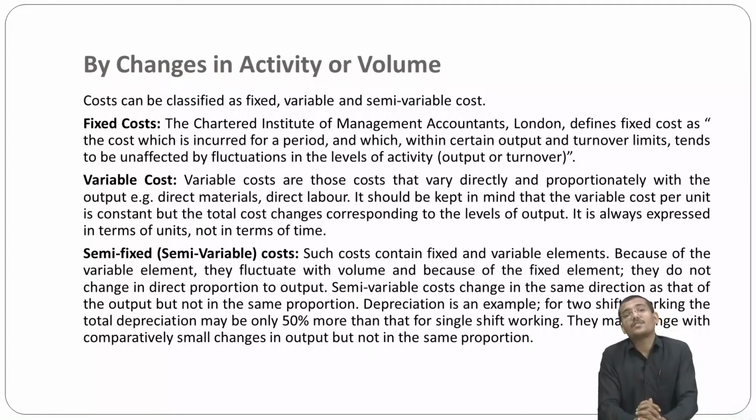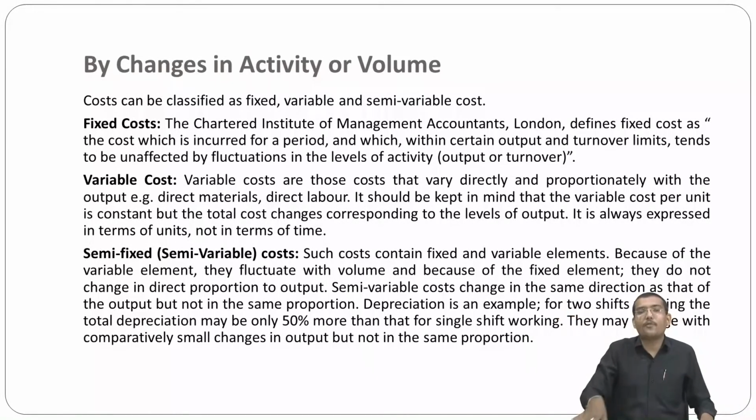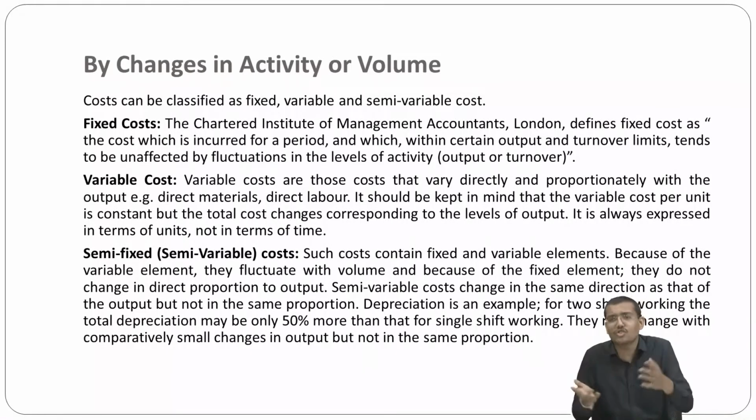Then the variable cost. The variable costs are those costs that vary directly and proportionately with the output. For example, direct material and direct labor we can treat as variable cost, because as per the unit change, the variable cost is also changed.